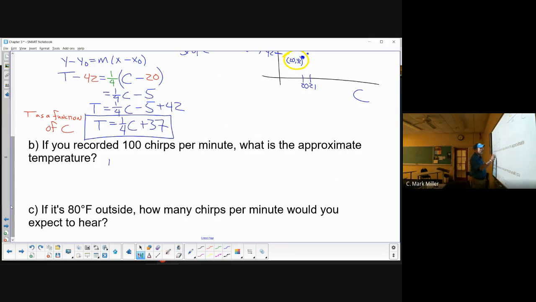So the temperature associated with 100 chirps per minute is going to be 1/4 times 100 plus 37, equals 1/4 of 100, 25, plus 37, is 62 degrees Fahrenheit. Right?